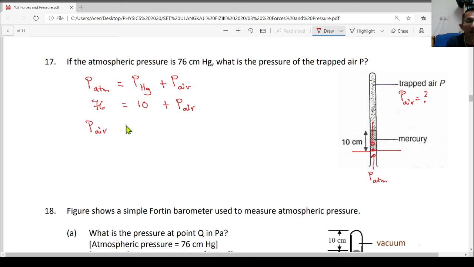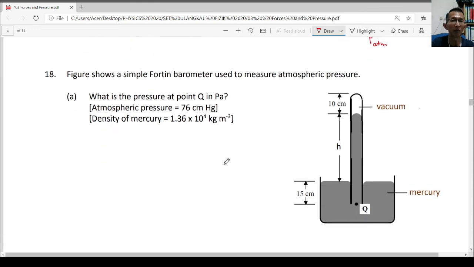So the pressure exerted by the air is 66 centimeter mercury. Very simple and very easy. In fact, physics is easy. So let's now go to question number 18.